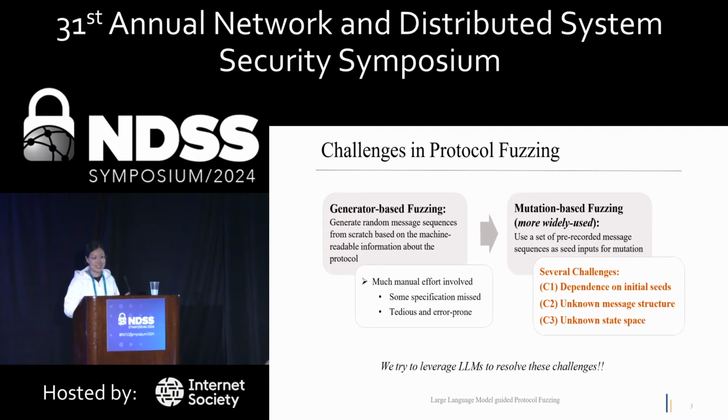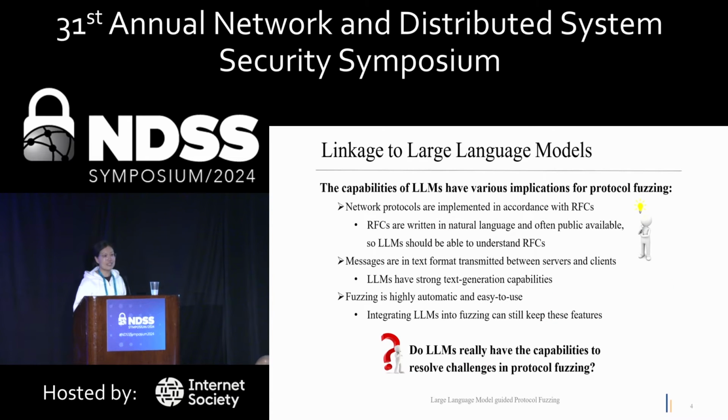But why large language models? This is because their capabilities have many implications for protocol fuzzing. For example, network protocols are implemented based on RFC documents, and the message structure information and the state machine information are also documented there.